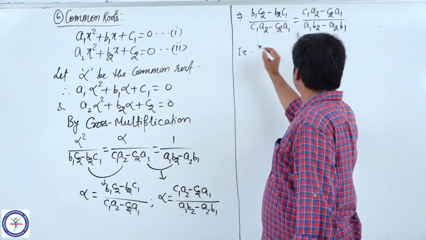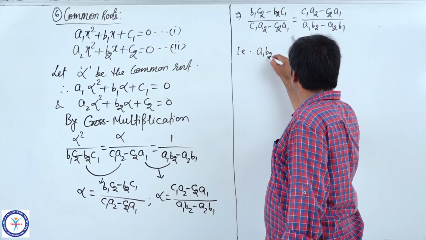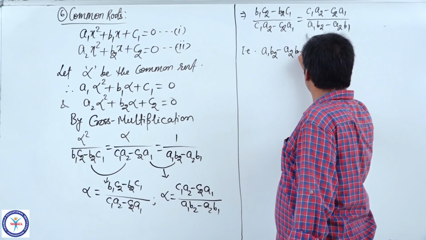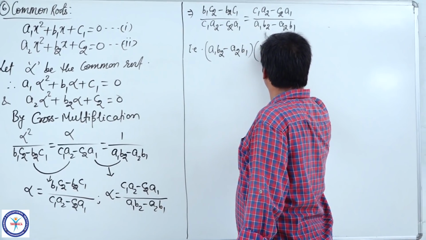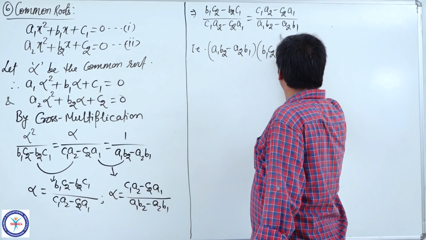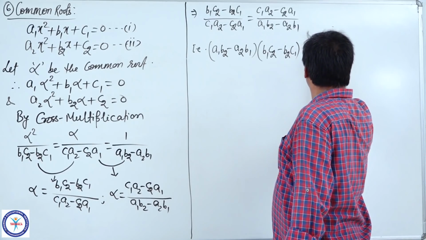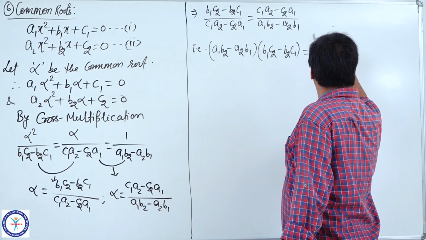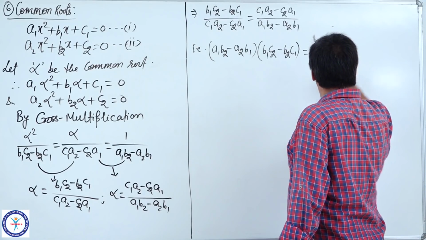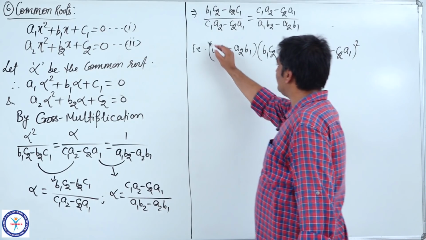That is, a1b2 minus a2b1 into b1c2 minus b2c1 is equal to c1a2 minus c2a1 whole square.